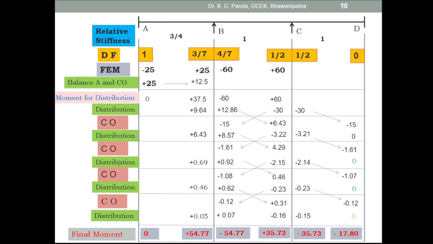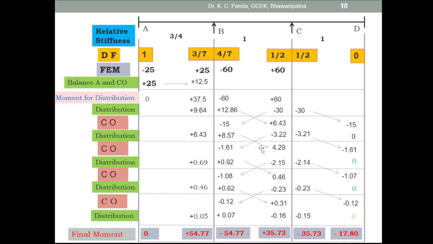Then again you go for the balancing or distribution of the joints B, C, D. So here this is the unbalanced moment, and this moment you have to distribute or balance by multiplying with the distribution factor. So minus 1.61 into 3 by 7, and you have to put in opposite sign, this is plus 0.69. Similarly minus 1.61 into 4 by 7, and you have to put in opposite sign, that is plus 0.92.